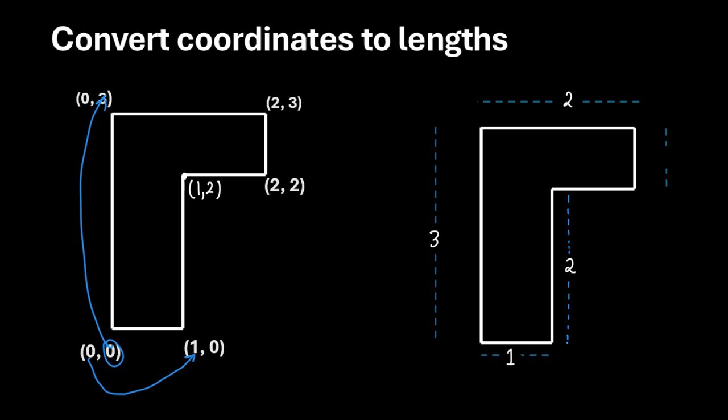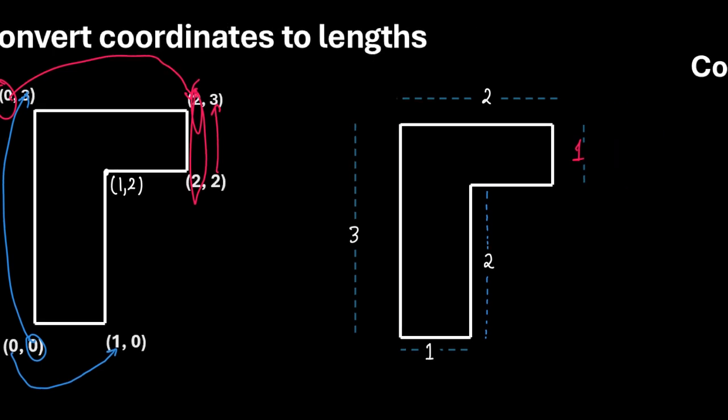Similarly, x varies from 0 to 2, and thus 2. Likewise, we have this measure to be 2, and since x remains constant and y varies from 2 to 3, this length over here is equal to 1. So we have converted the given coordinates to the corresponding lengths.